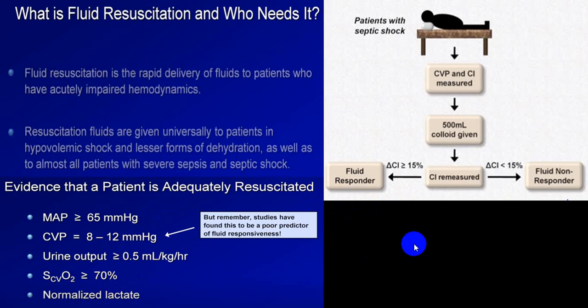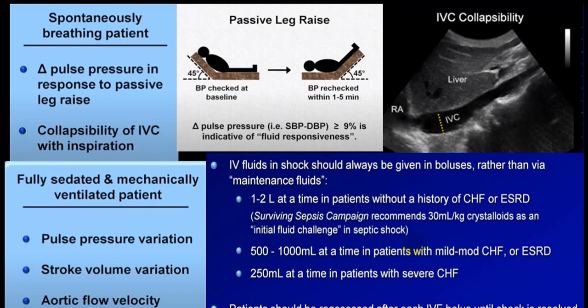So that becomes a good way of assessing how much resuscitation has been done.